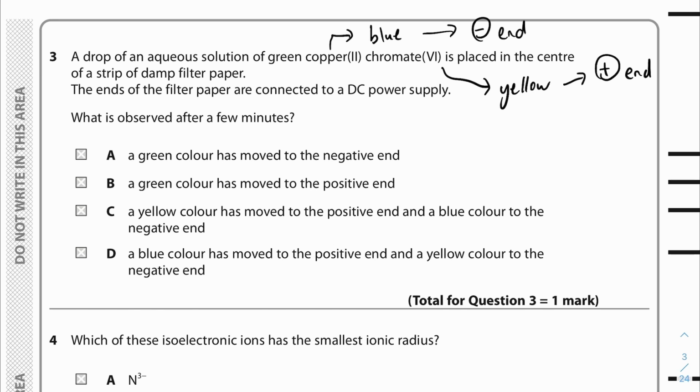A green color is observed at the negative end? No, the green color is split into yellow and blue, because yellow and blue make green. So a yellow color has moved to the positive end, that's correct, and a blue color has moved to the negative end, and that's what we have here. So the answer has to be C.